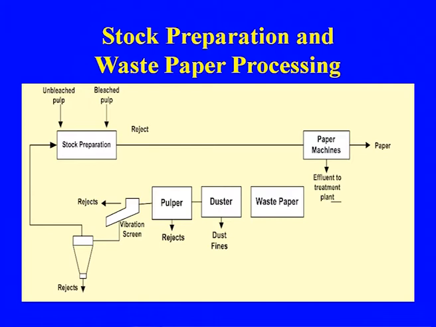In case of the kraft pulp or bleached pulp going to stock preparation, there is beating, refining, then centri-cleaning, and finally, in between, there may be a requirement of sizing. Sized paper, or if you are making tissue paper, then unsized paper, all those things are done in stock preparation.